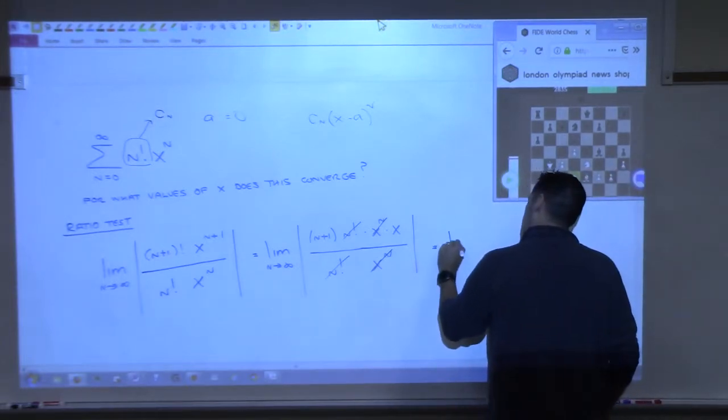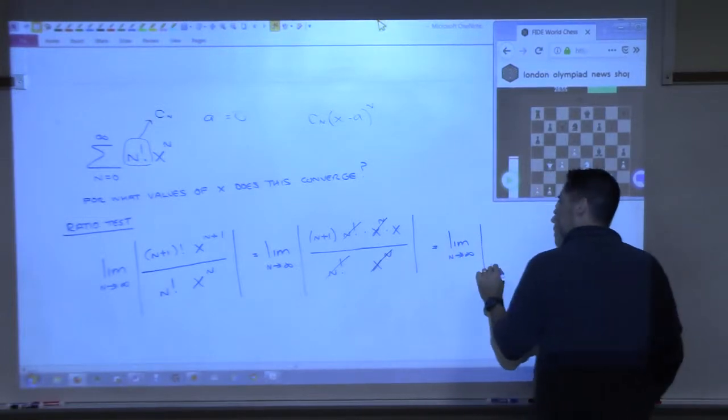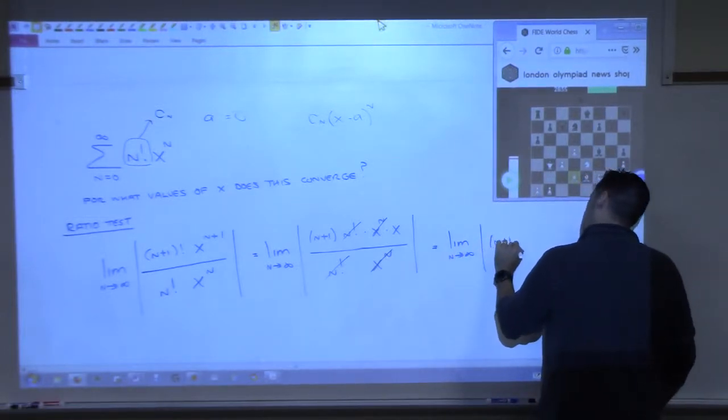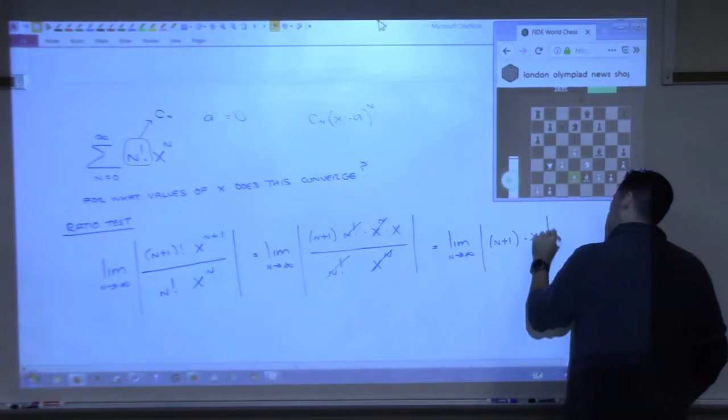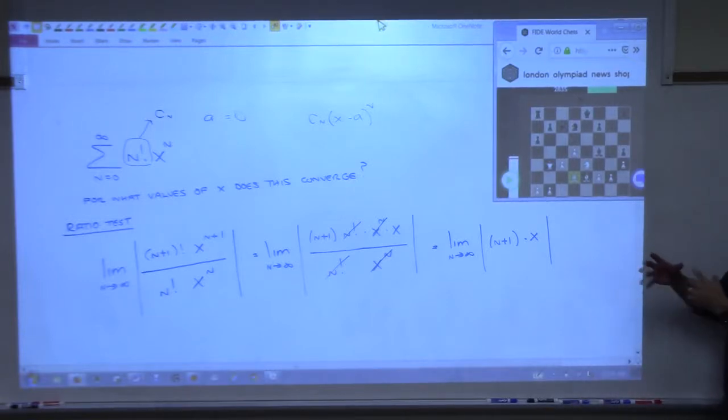I have the limit as n goes to infinity of n plus 1 times x. I want us to think about this. Let's all get up to this point and then talk about it.